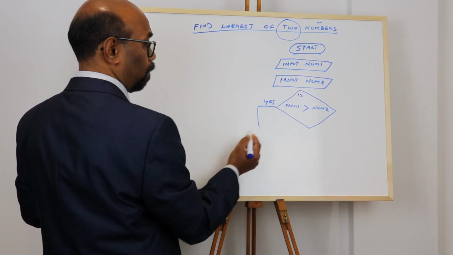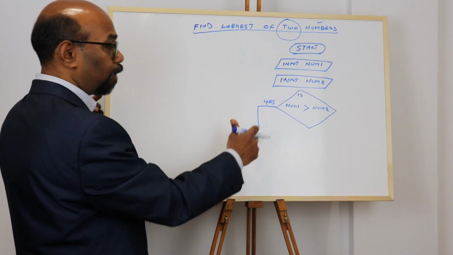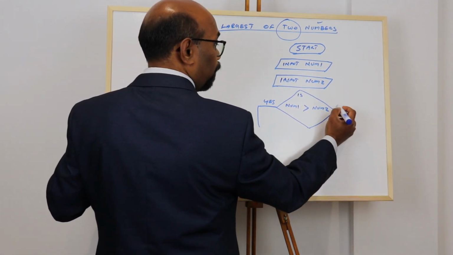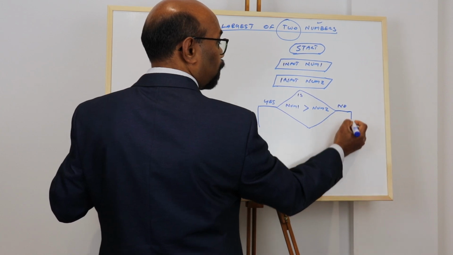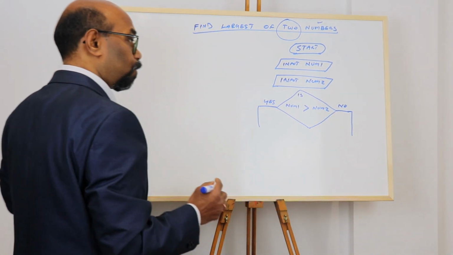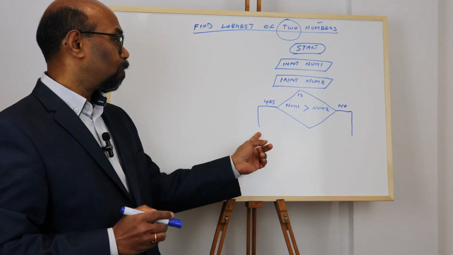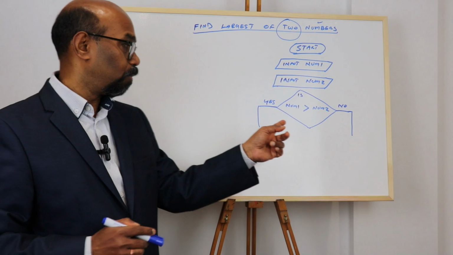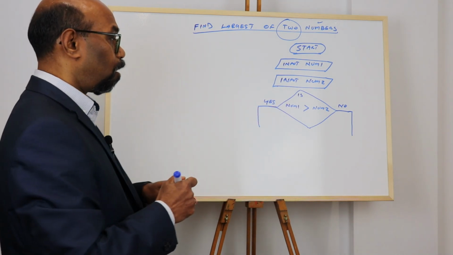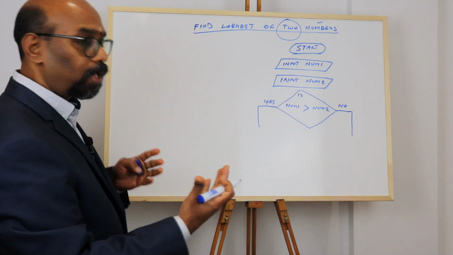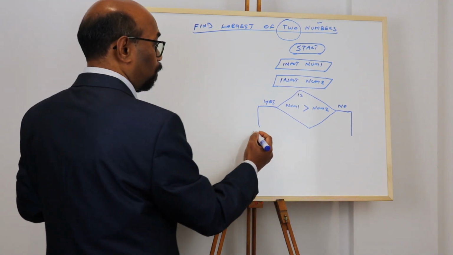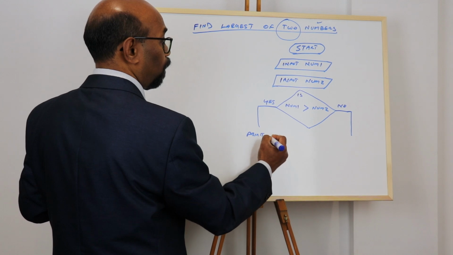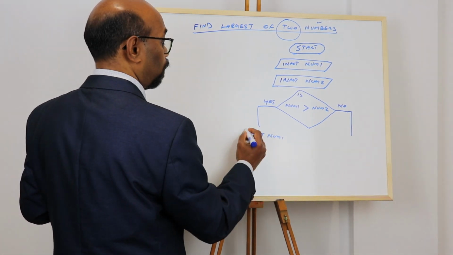A conditional statement always has two outputs. If it is yes, it means number 1 is greater than number 2, so the output is number 1. Number 1 is the largest number, so now print number 1.